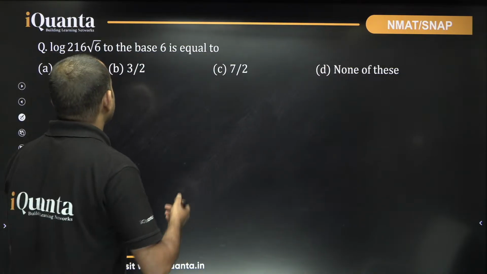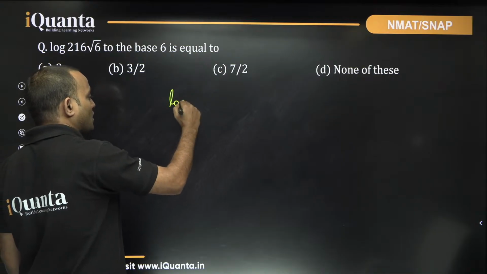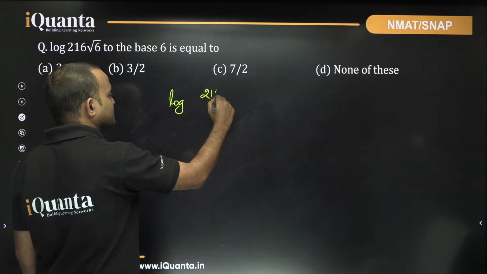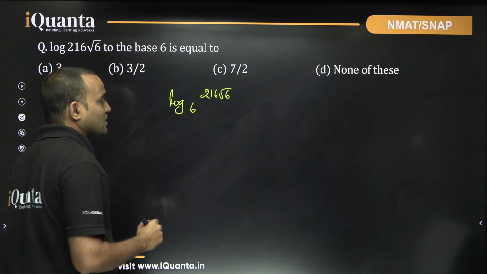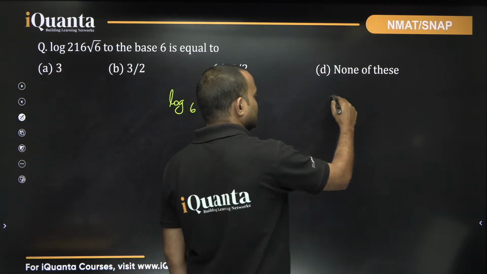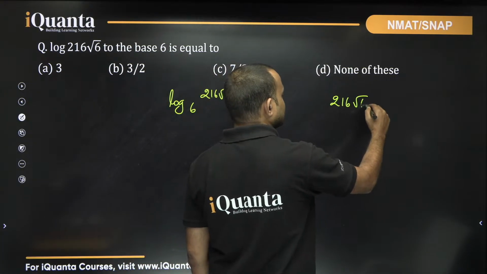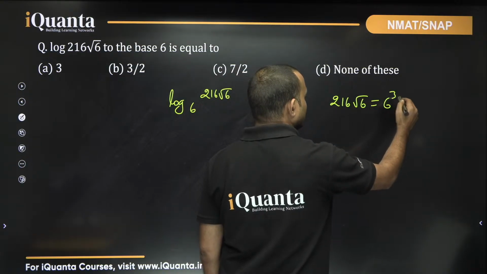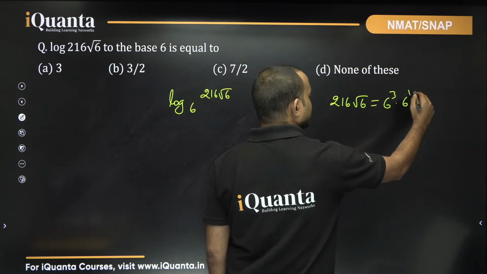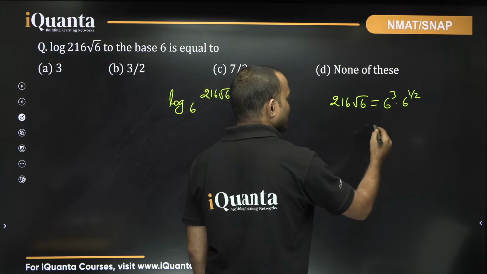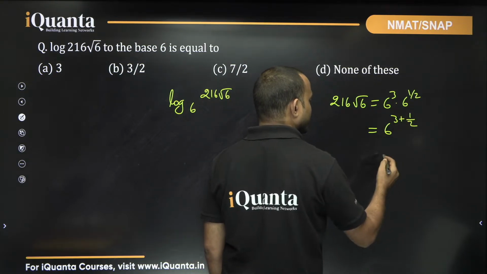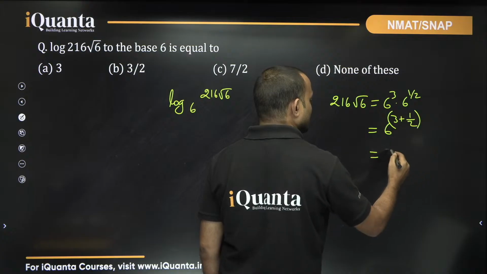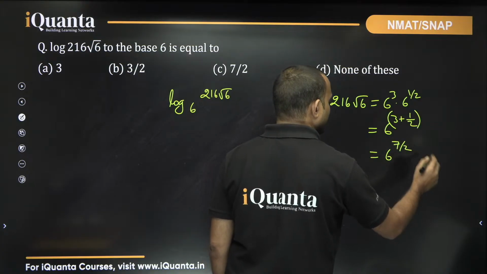So we have been asked to find the value of log of 216 into square root of 6 to the base 6. Now what is 216? 216 is nothing but 6 cubed, and square root of 6 can be written as 6 to the power 1 by 2. This will be equal to 6 to the power 3 plus 1 by 2, and that is equal to 6 to the power 7 by 2.